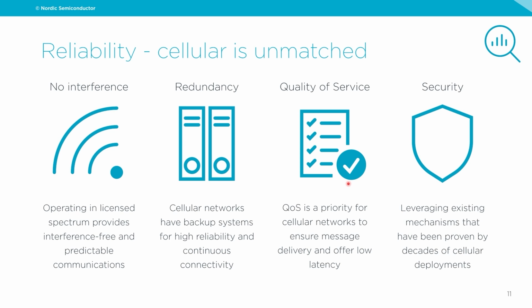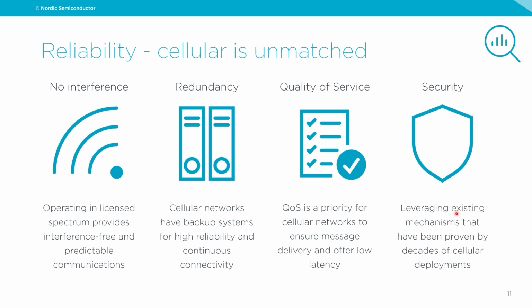And the last part, but certainly not the least important one, is security. Security is an absolute cornerstone of IoT. If we all wish for IoT to scale, it needs to be secure. The reason we're all carrying mobile phones in our pockets is because they're based on secure cellular networks. If security wasn't there from day one, I'm sure we probably wouldn't be using our mobile phones as much as we do today.